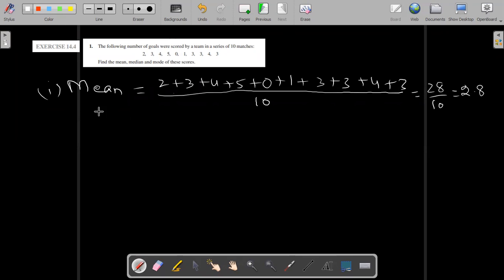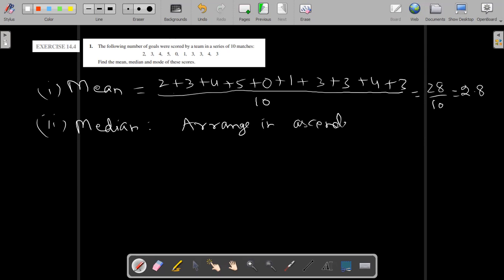Mean score. Now median. For median, you have to arrange in ascending order first. We cannot find the median directly. Arrange in ascending order.